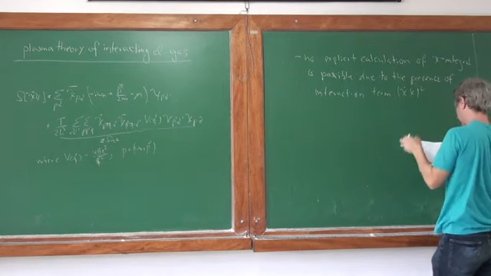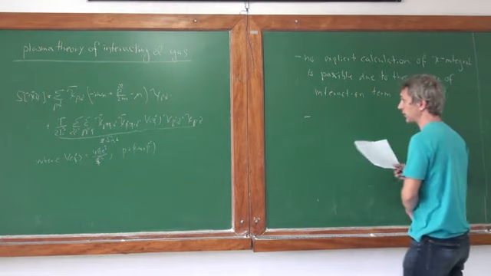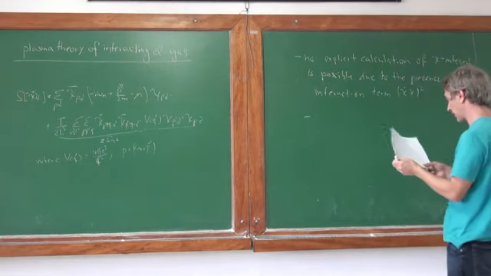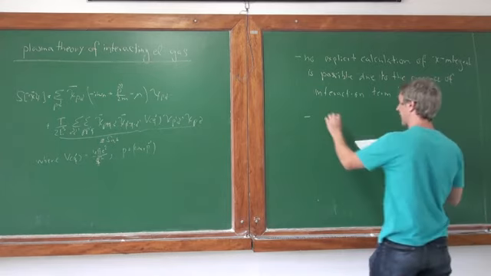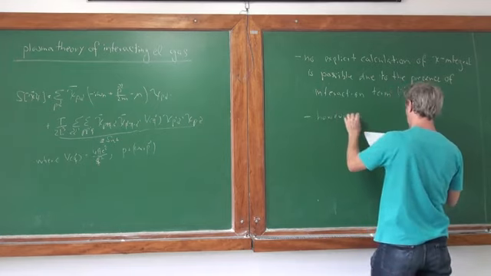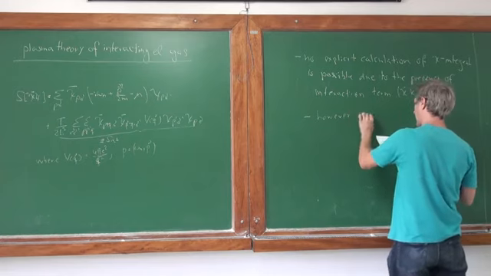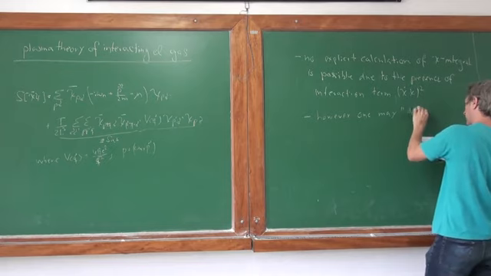c bar c squared. So the idea then is, since one cannot do the exact integral, one can try to what is called decouple the interaction term, and this is what I'm going to explain.